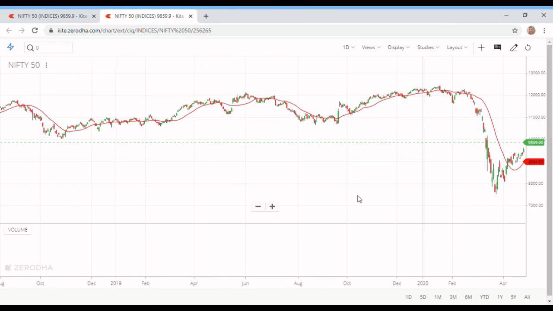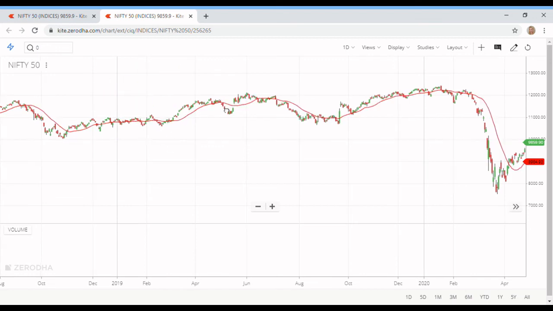This is for the 1-day candle. Whenever the price moves above the moving average, you can create a long position, and whenever the price moves below the moving average, you can create a short position.